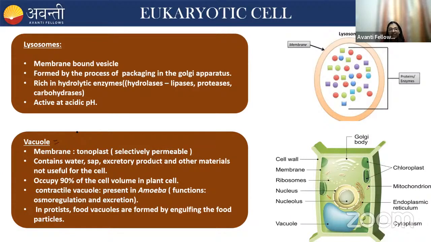Vacuoles have a membrane which is known as the tonoplast. In plants, the vacuole occupies 90% of the plant cell. These vacuoles contain water, sap, excretory products, and other materials which are not useful for the cell. In amoeba, contractile vacuoles are present, and their function is excretion and osmoregulation.